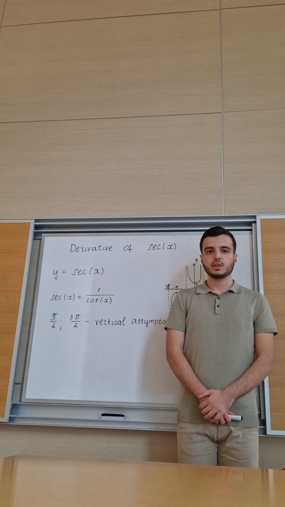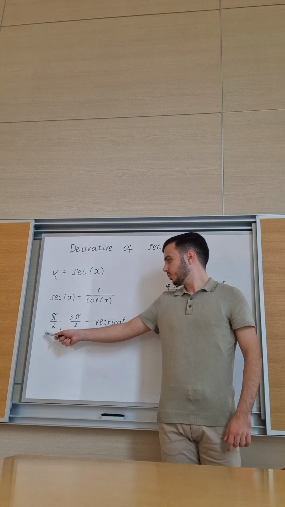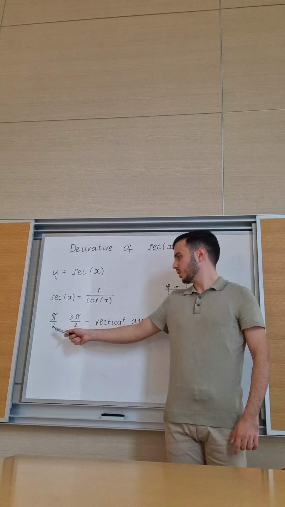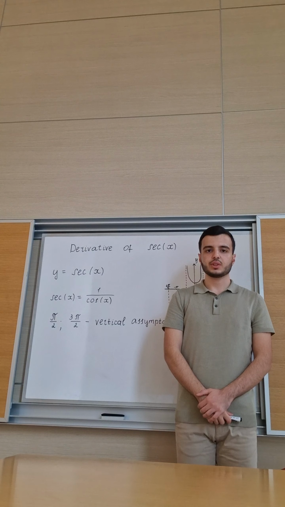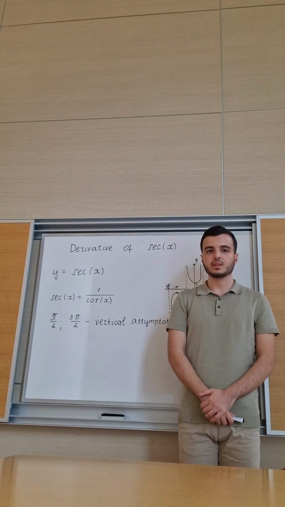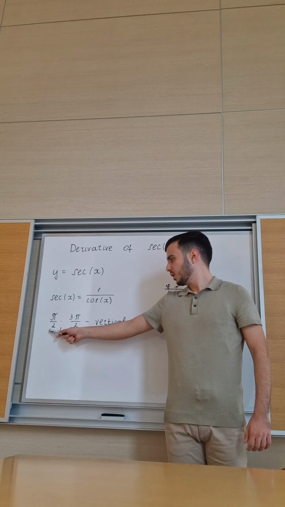As you know, cosine is 0 at the points π over 2 and 3π over 2. It means secant of x is undefined at these points and has vertical asymptotes at π over 2 and 3π over 2. Here is what the graph looks like.